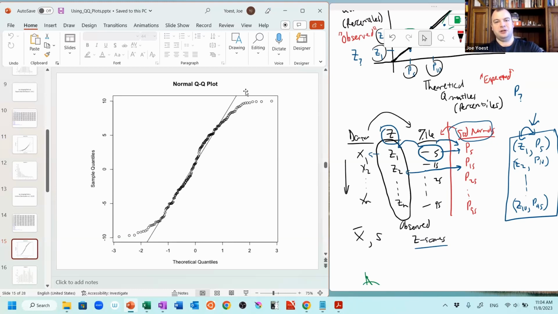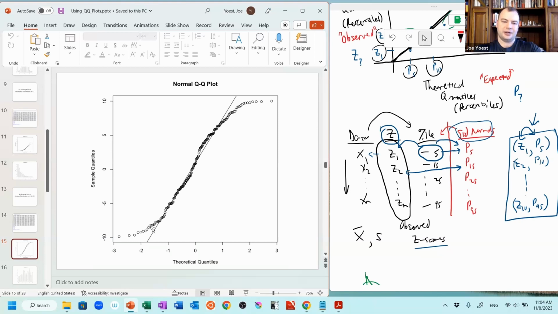Thinking of vertical deviations from the line, it would continue up, but our actual data tails off, hits a cap and gets stuck. It doesn't follow that line up to the right or down to the left.